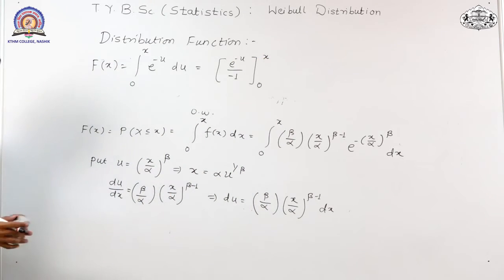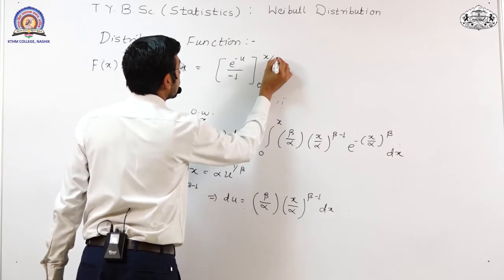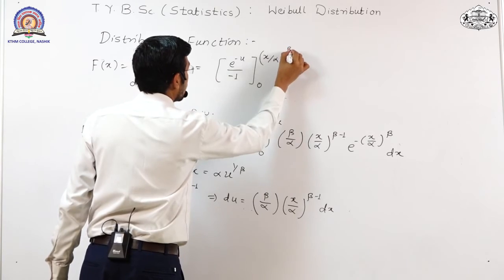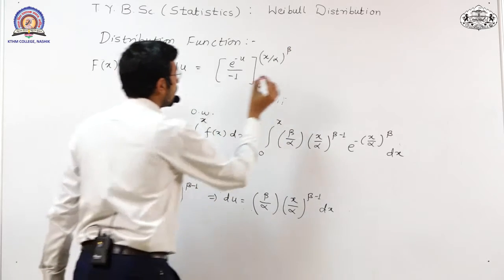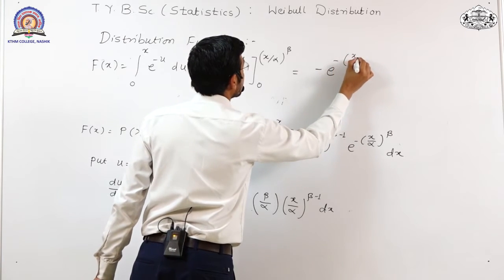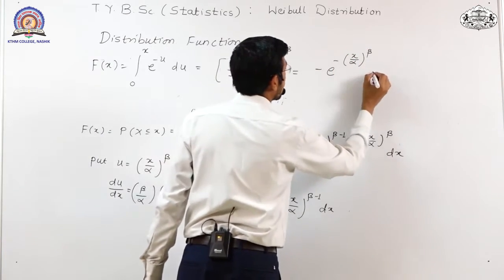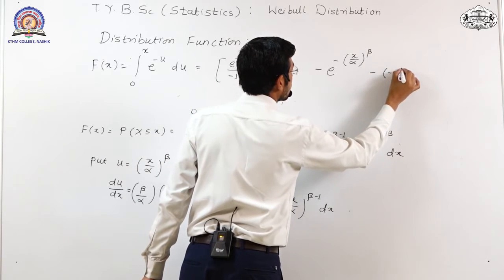Here the value of u is (x upon alpha) raised to beta. So if I put this value here, we get minus e raised to minus (x upon alpha) raised to beta, and your minus minus 1.